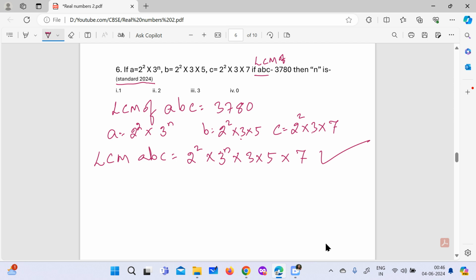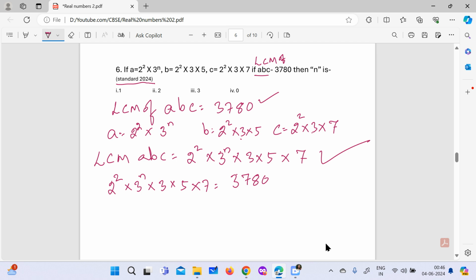Now see, this is our LCM, and here is the value of the LCM, so we can equate it. So we will write it this way: this is equal to 3780, because this is LCM of a, b, c and this is LCM of a, b, c.